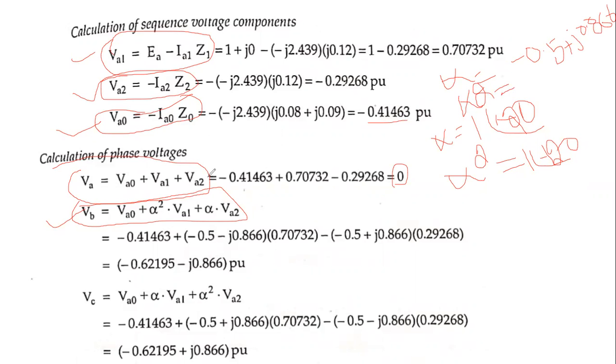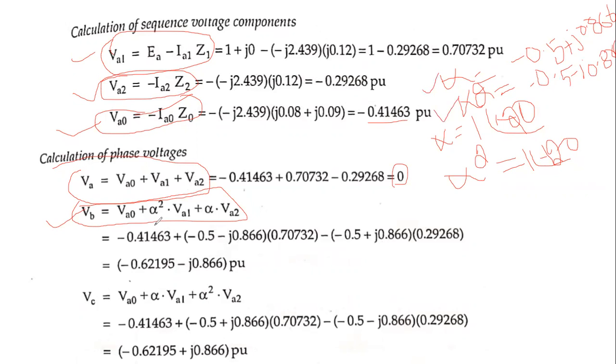Similarly, alpha square is equal to minus 0.5 minus j 0.866. This is the value for alpha and alpha square.